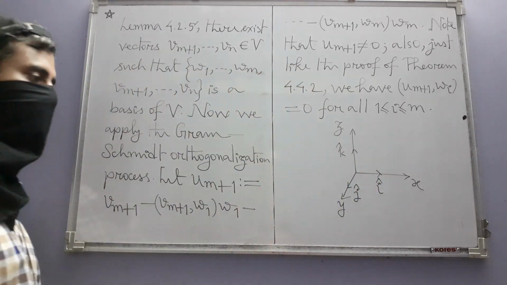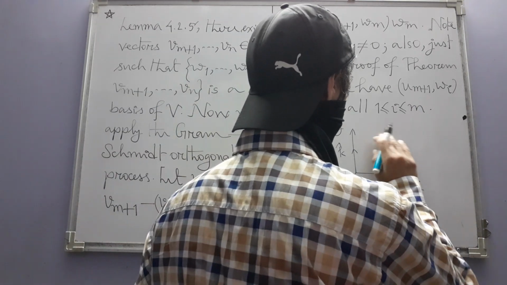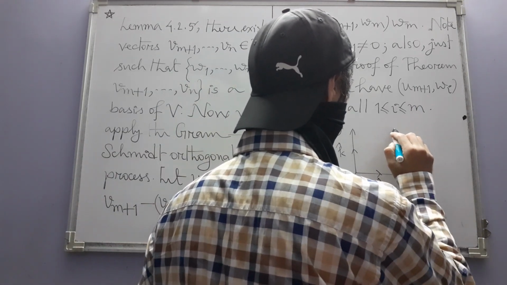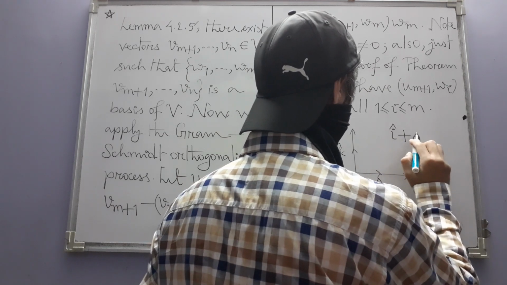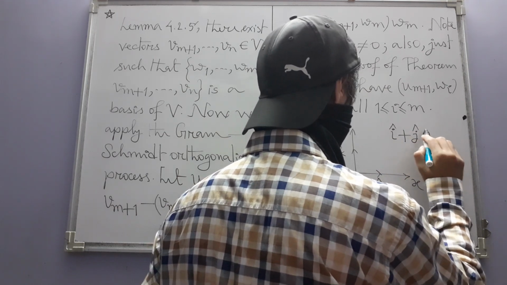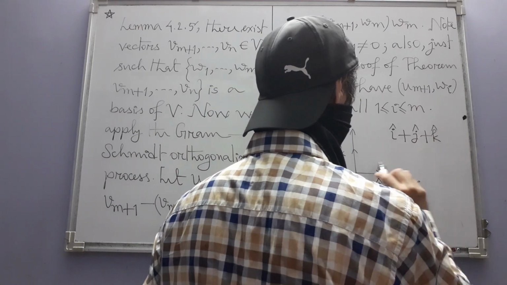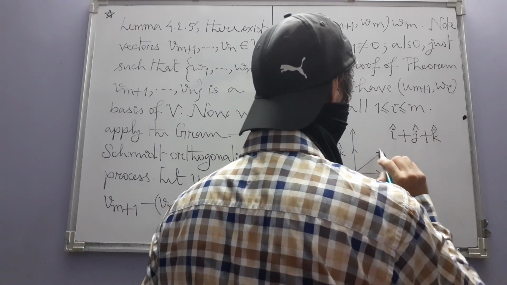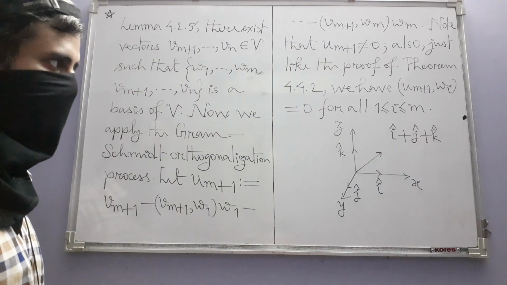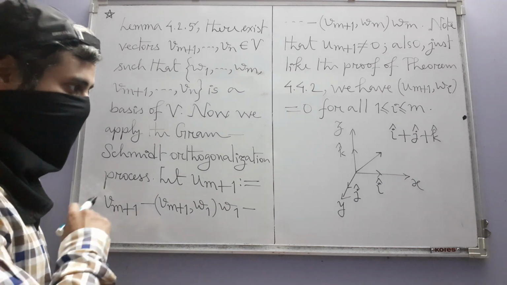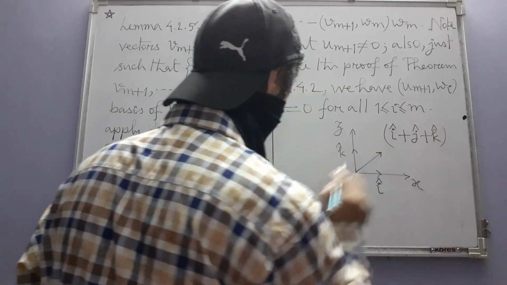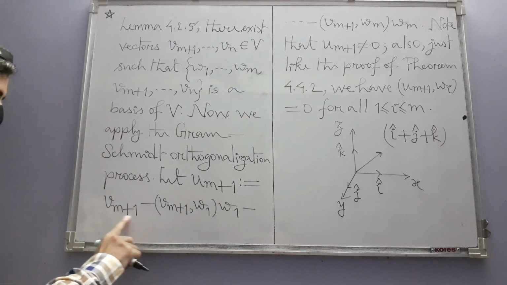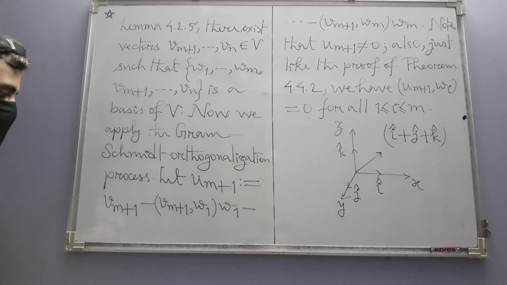Now say you have a 3D vector, anything, but to keep things simple, let's just take i plus j plus k. Say it is this vector. So what we are saying here is that you think of this i plus j plus k as Vm plus 1.